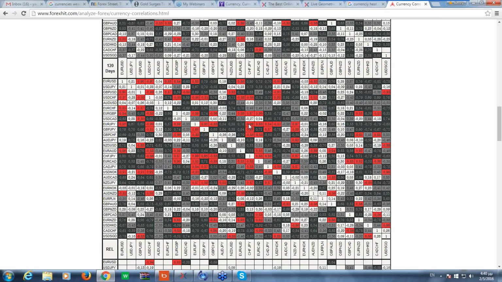In other words, if you are already trading Euro JPY and you would like to increase your portfolio by trading more pairs, diversifying with more currency pairs, then you could literally look at the red ones here and analyze them too, and look at how many of the red, highly correlated ones show a clear pattern that you could trade. Okay, so this is what you could use the correlation table for.